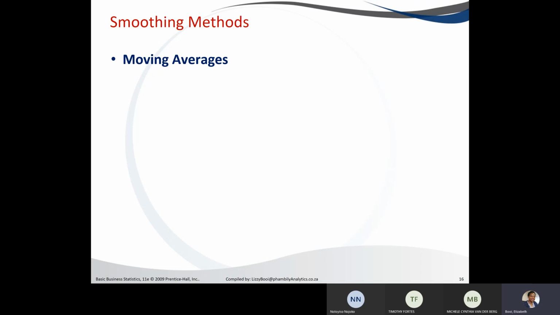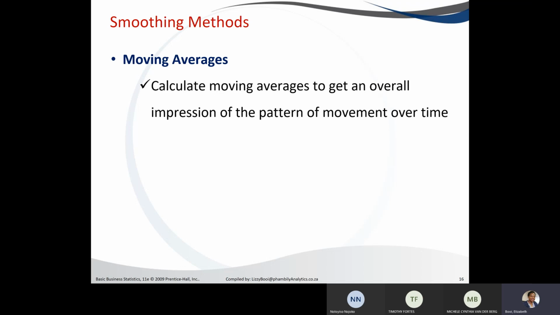Averaging all the data periods over a period and plotting them in order to see the trend that the data tells us. The method of creating the moving average is to get all the averages, to get an overall impression of the pattern of movement over time.